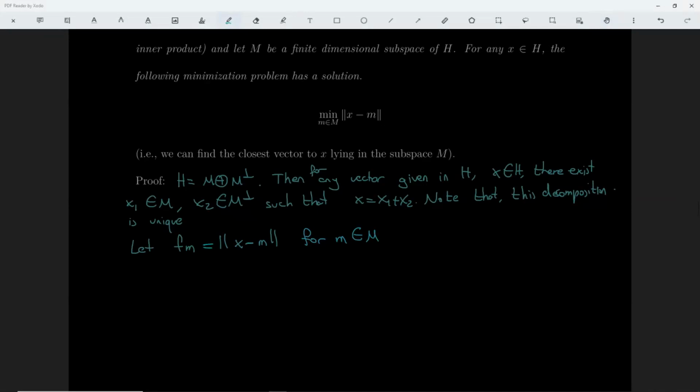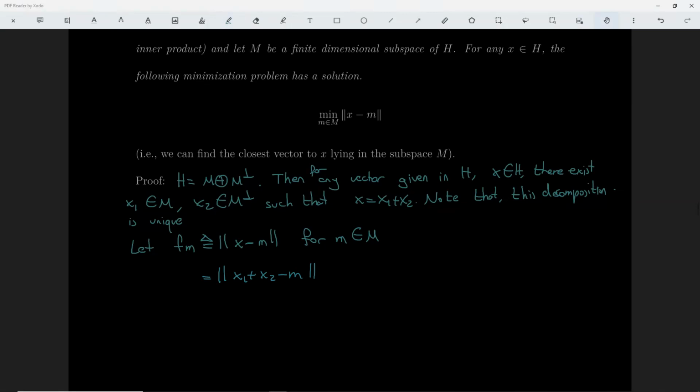So Fm is defined as follows: norm of X minus M. And notice that I can write that, instead of X, as X1 plus X2 minus M here.